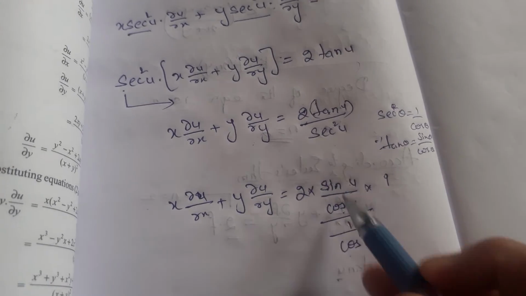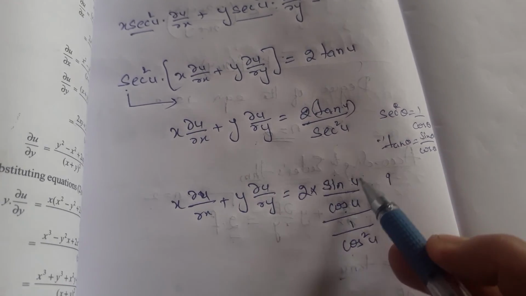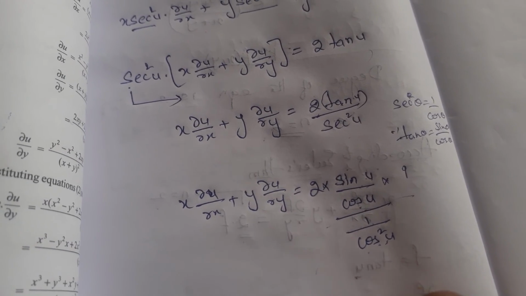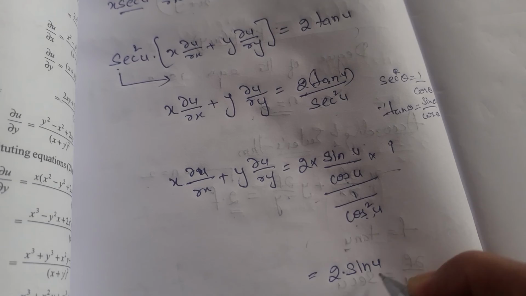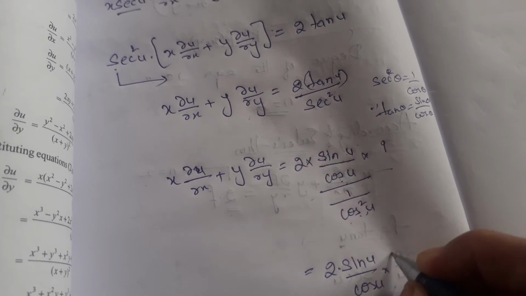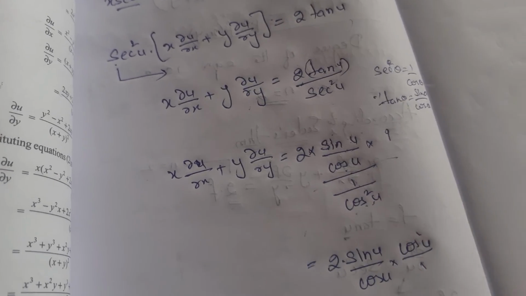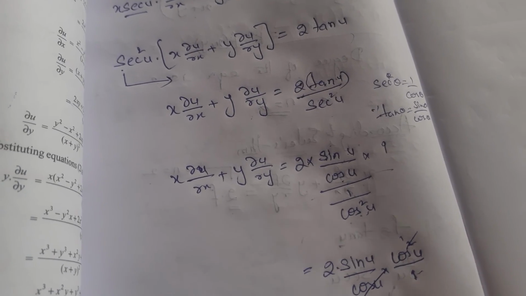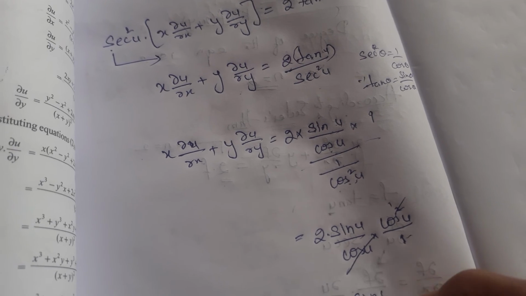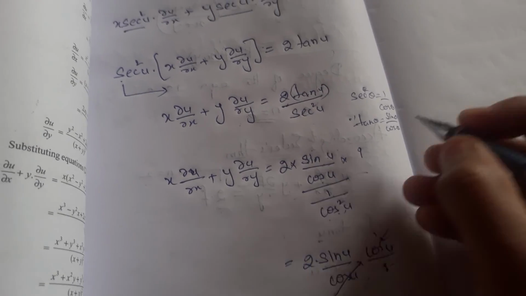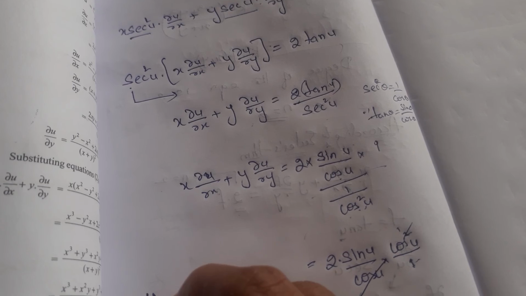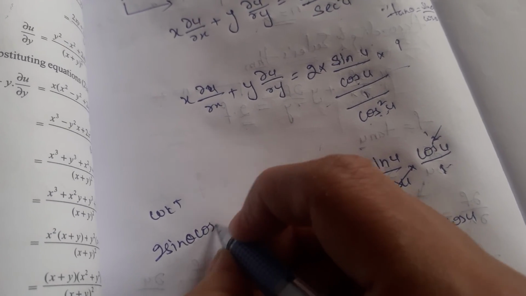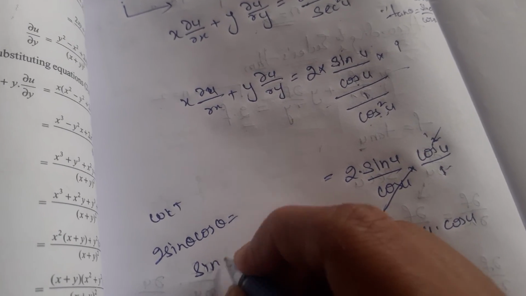So tan u is written as sin u by cos u divided by 1 by cos² u. This gives 2 into sin u by cos u into cos² u by 1. One cos from here gets cancelled. What we get is 2 sin u cos u. We know the formula 2 sin θ cos θ is equal to sin 2θ.